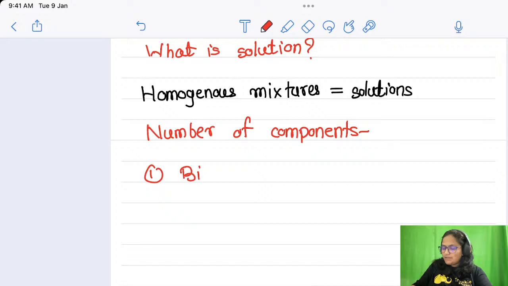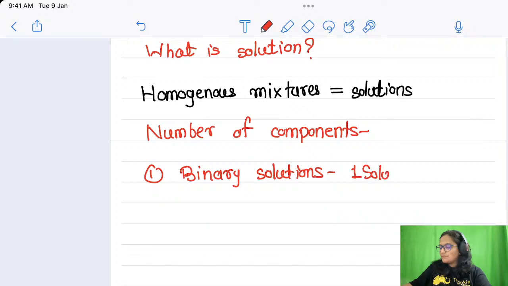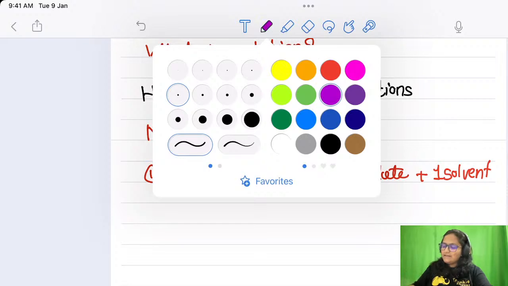The first type is binary solutions. Bi stands for 2. So binary solutions will have one solute and one solvent, right? Now what is solute and what is solvent, that I will explain later.